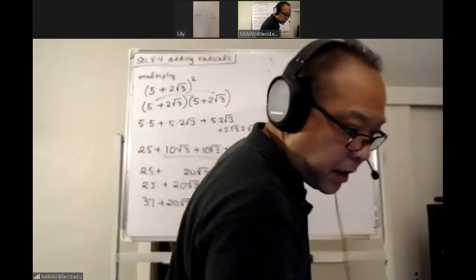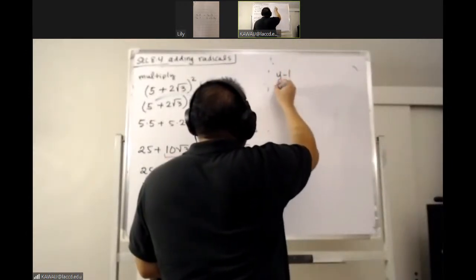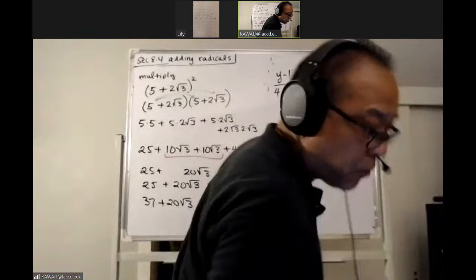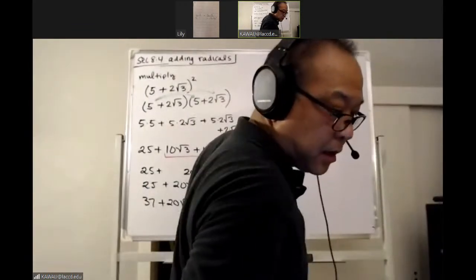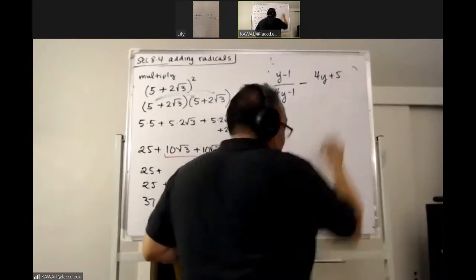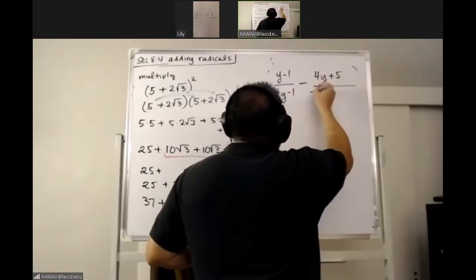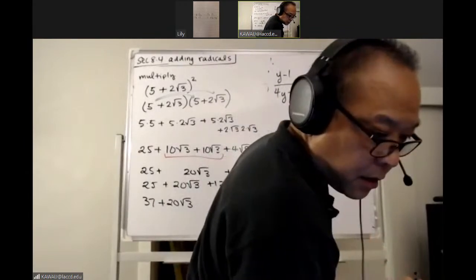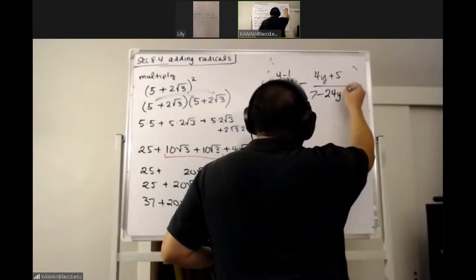Okay. And then y minus 1 over 4y minus 1, and then minus 4y plus 5, and then 7 minus 24y, 24 minus 16y squared.